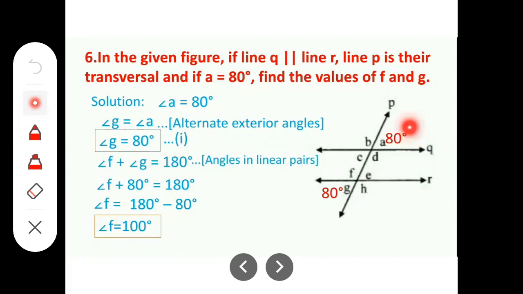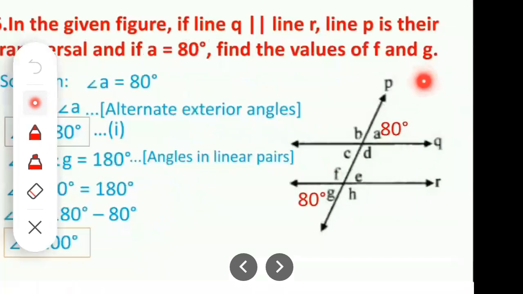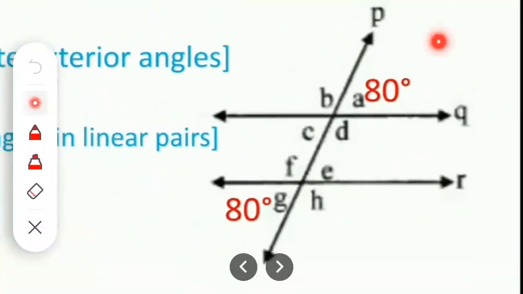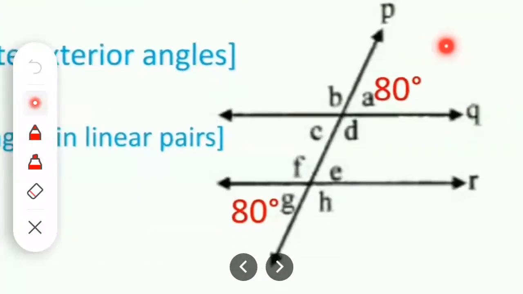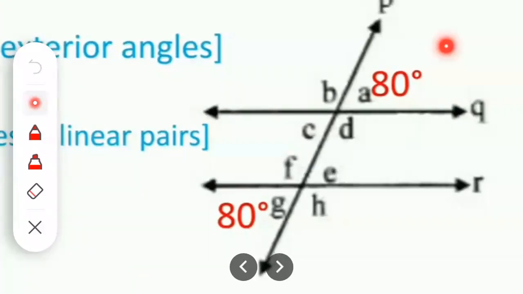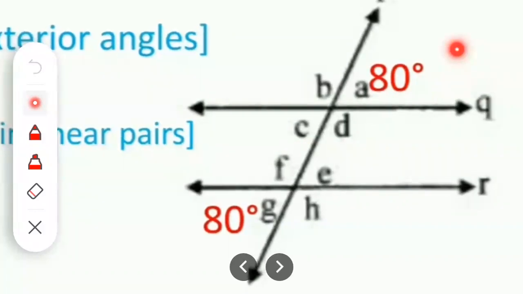Find the value of F and G. Here, value of F and value of G. By using these details, without writing the solution, first you can very easily decide what the value will be.